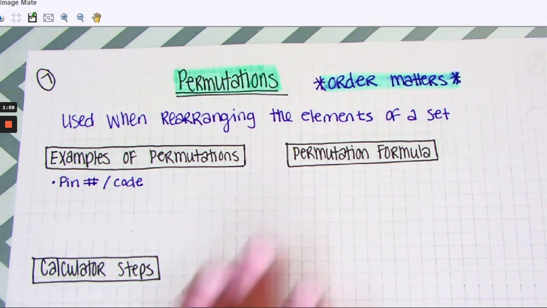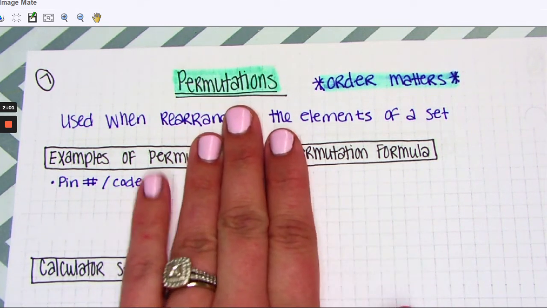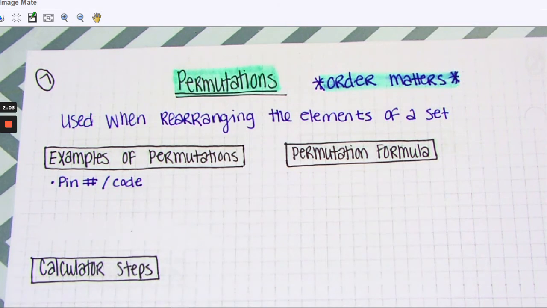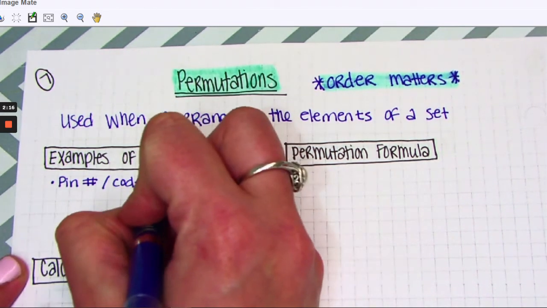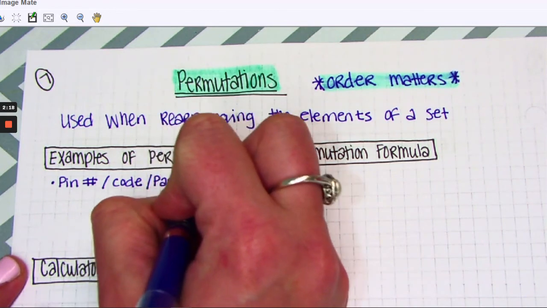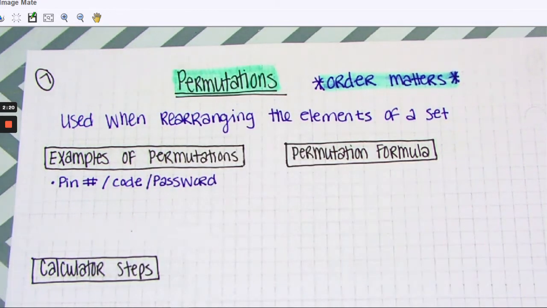So that is a permutation. The order in which you type the code in will make a difference. Like when you log onto your computer, you have to properly spell your name. You can't use random letters in any order you want to. So a PIN number, a code, a password, that can all be permutations because the way that you type it makes a difference. You can't just put it in any order that you want.